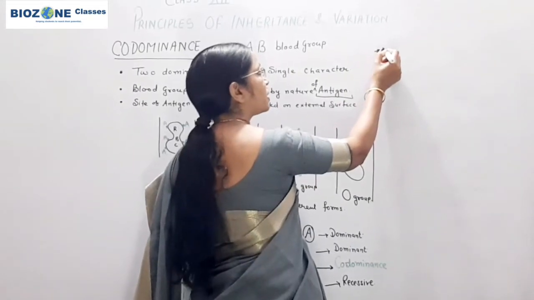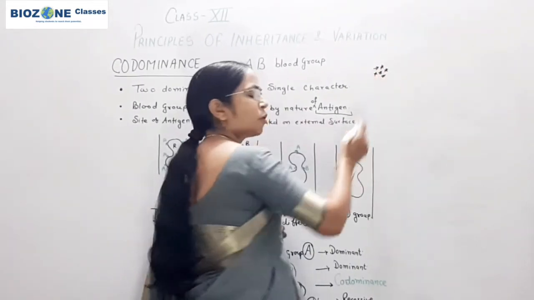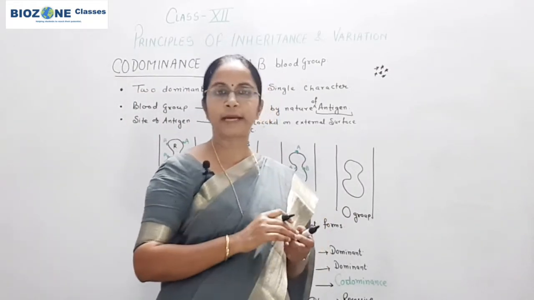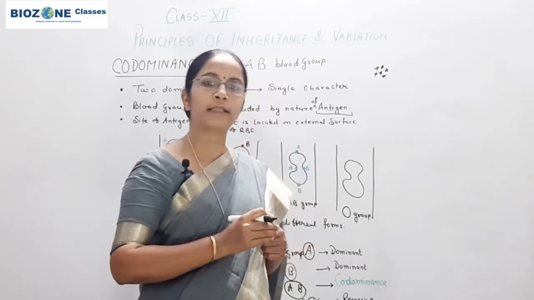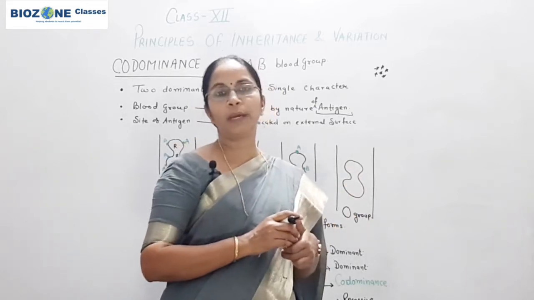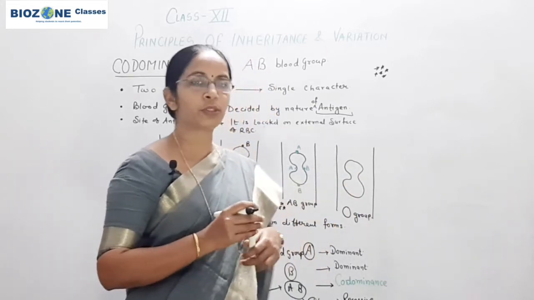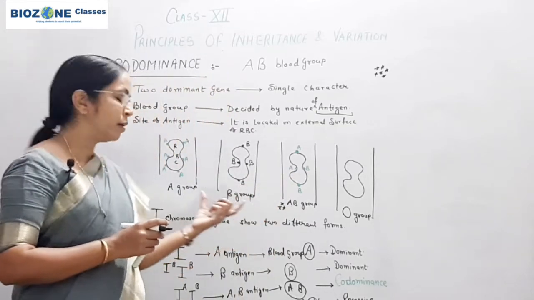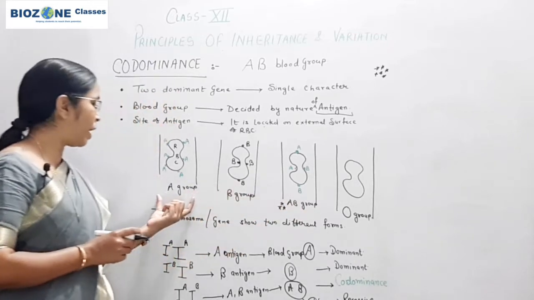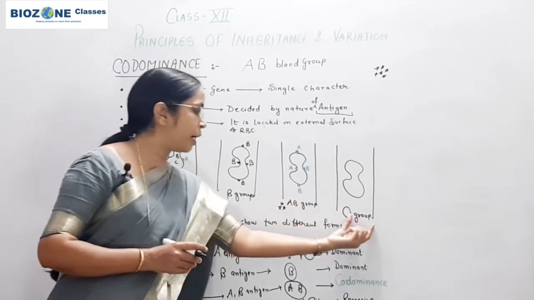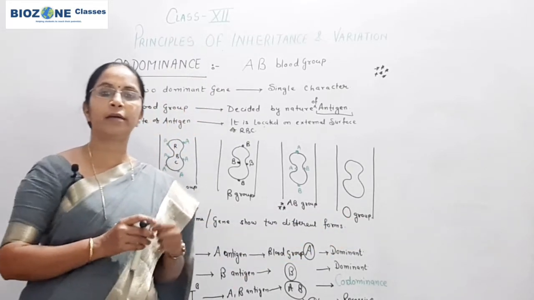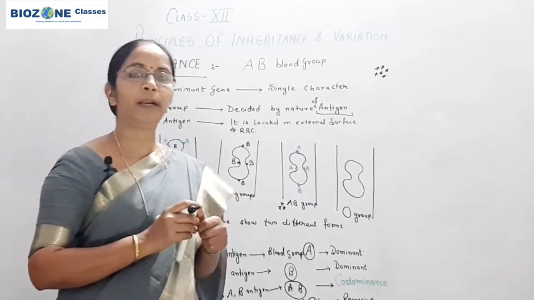When you solve this table, remember one of the most important statements, important for your board exams as well as for the NEET exam: how many phenotypes are expressed by how many genotypes. There are 4 phenotypes: blood group A, blood group B, blood group AB and blood group O. For these 4 phenotypes, 6 genotypes are available in humans.